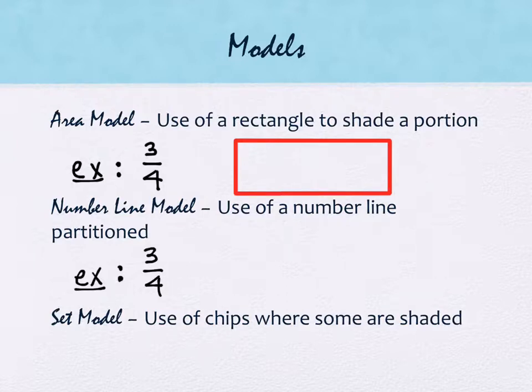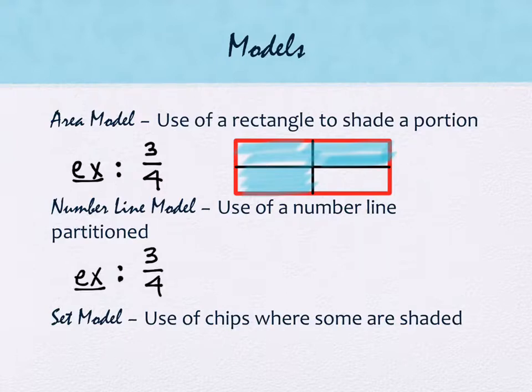So for 3/4, you need to divide this into four pieces. If you want, you can divide it in half, and then in halves again like this, or in half again like this. It doesn't make any difference. And 3/4 would mean shading in 3 of the 4 pieces. Okay, so that's an area model.